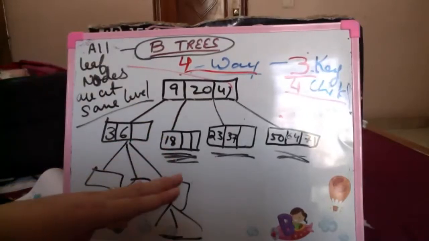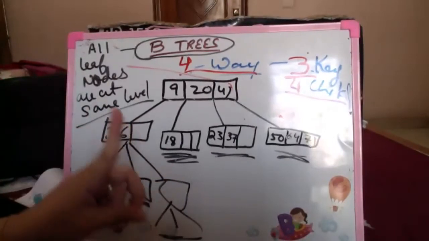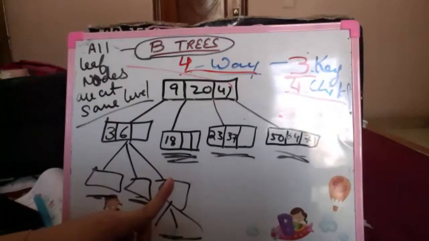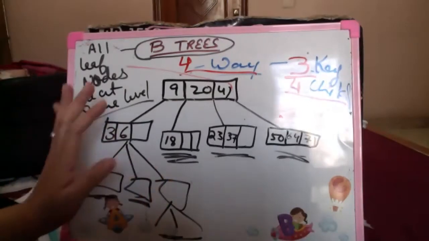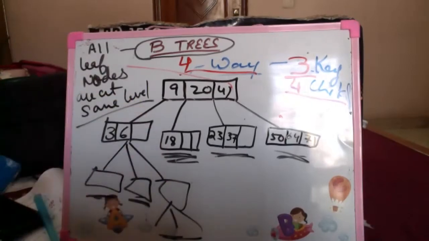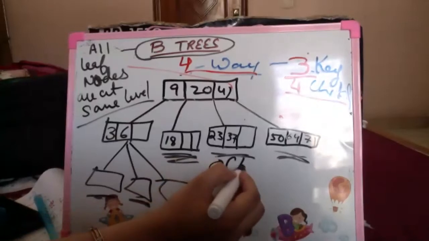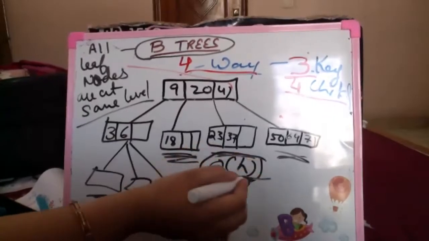So the number of nodes searched at each level remains 1. The number of node comparisons in a B tree will be restricted by the height. If h is the height, then the maximum possible number of comparisons in a B tree of height h is O(h).